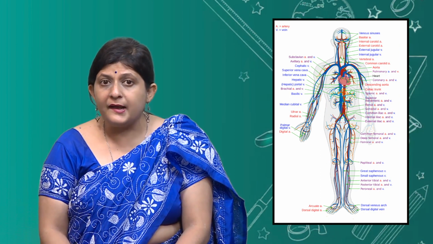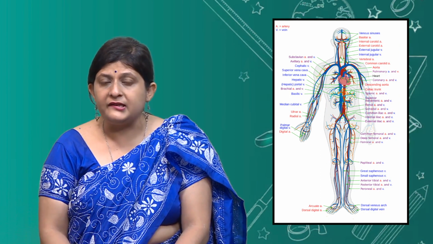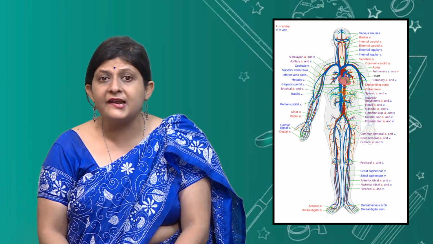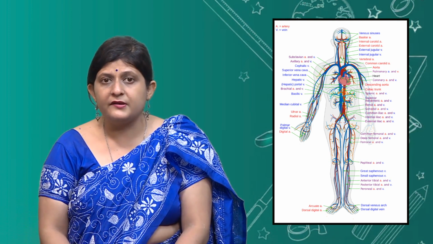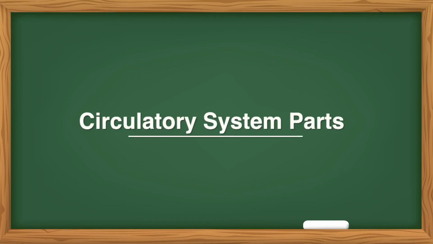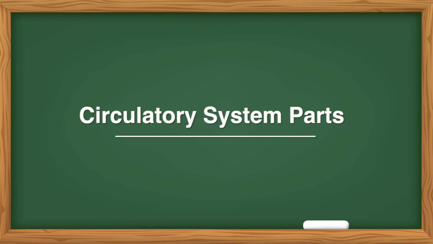Finally, blood and lymph contain antibodies and immune cells. This includes the cells of innate immunity present from birth as well as the adaptive immunity acquired through exposure to pathogens. Now, let us look at the different parts of circulatory system.